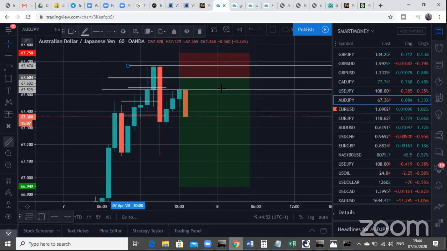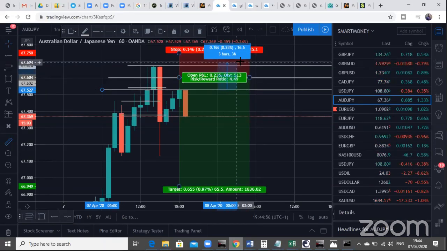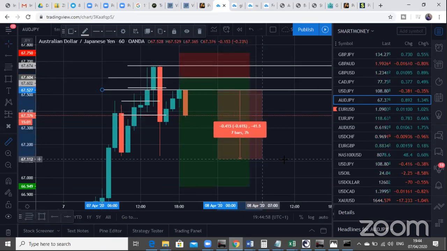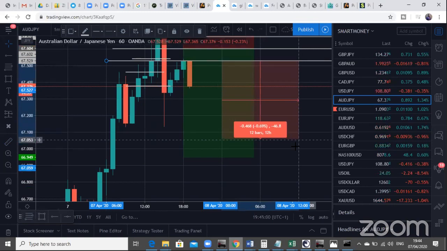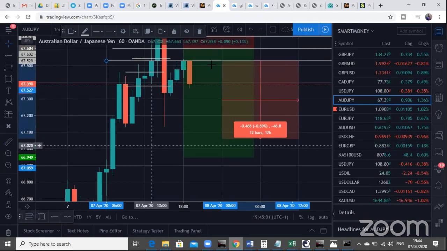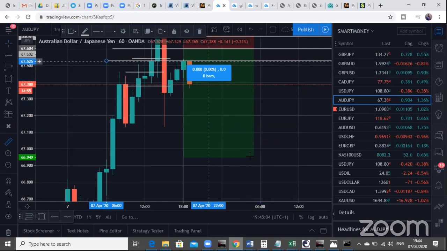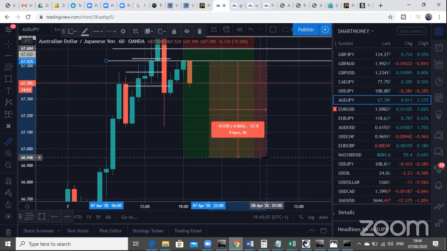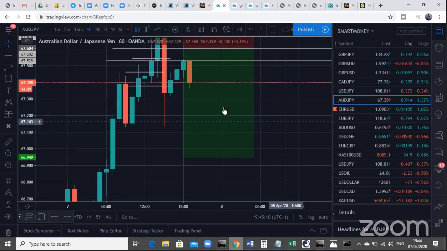So we would have been risking 16 pips to make 57 pips. So that is a 1-to-3 risk ratio.